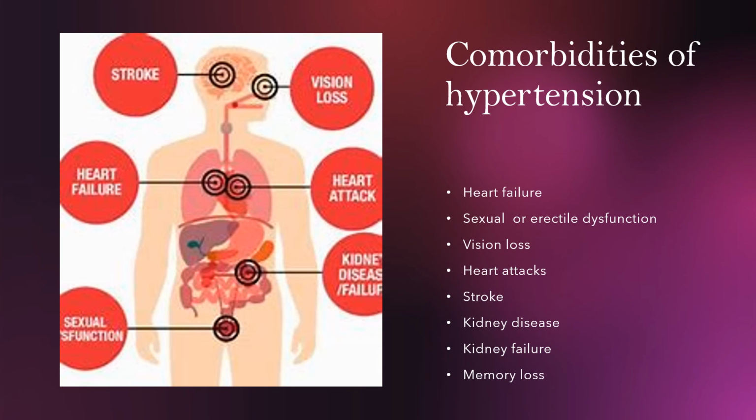Then we have kidney disease, which can result from hypoperfusion of the kidneys because of high blood pressure, as they are not getting adequate blood flow, and kidney failure resulting from the kidney disease, and memory loss, which can all be a result of stroke and high blood pressure. So blood pressure comes with a lot more comorbidities.